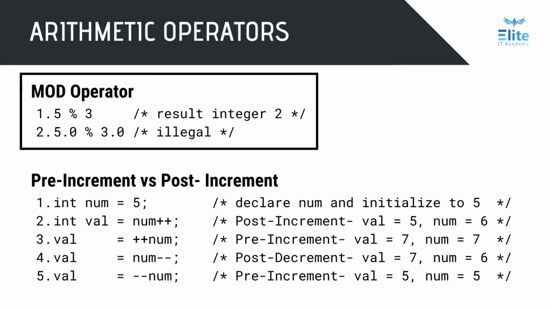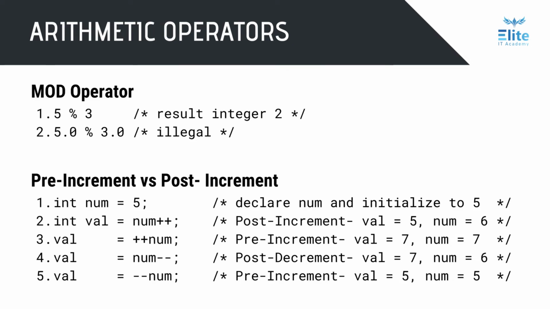The mod operator returns the remainder after integer division. It is a binary operator but works only with integer type operands like char, short, long, and int. This is because an integer division has an integer quotient and a remainder, whereas a real division will always return a fractional quotient and does not have a remainder.